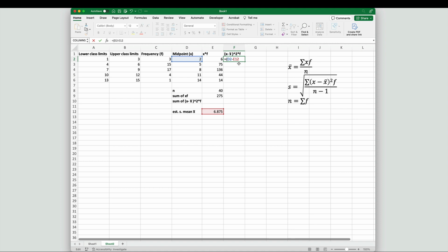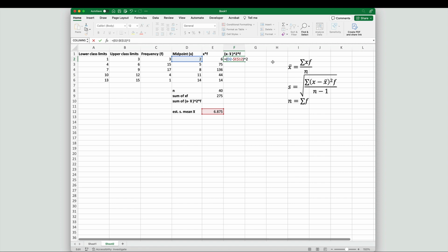Since I'm going to automate this, I want to tell Excel not to move from E12 because that's the sample mean. It's going to stay 6.875. If I drag it without putting the dollar sign in front of the E and before the 12, it will increment, and I don't want that behavior. Another way is just typing out 6.875.